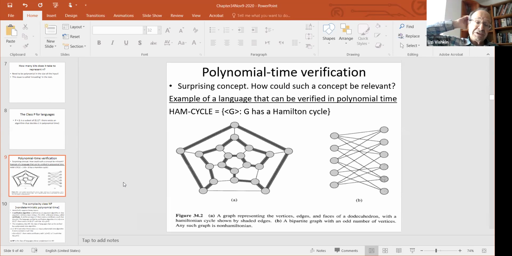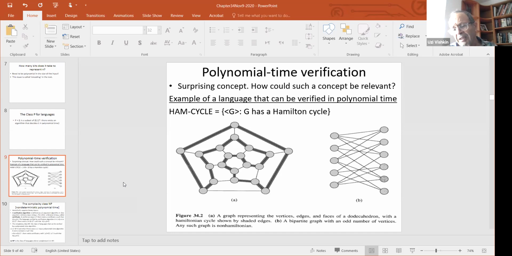So this was the first sort of really completely new, or maybe the second new concept. We had the concept of reduction, which what was new there is the direction of showing that something is difficult. Then we had the notion of a language. And now comes a concept which really comes out of the blue.